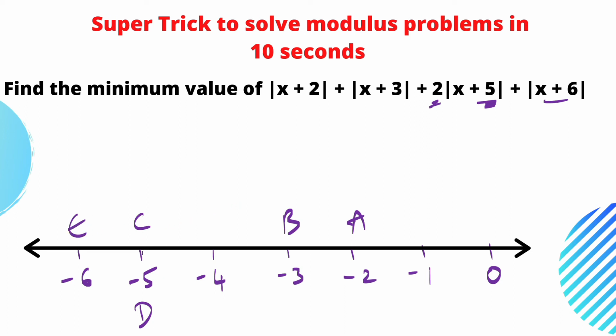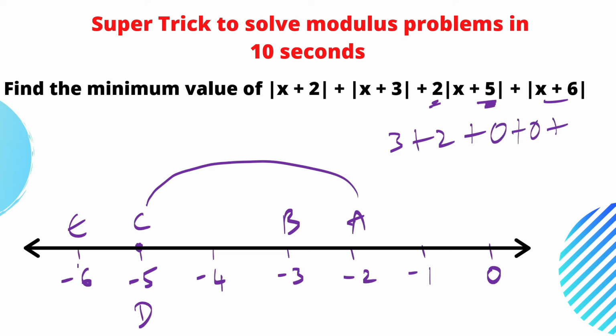So we have to make sure that C and D do not move. A is traveling from minus 2 to minus 5, covering 3 units, B is covering 2 units, C and D do not move, and E is covering minus 6 to minus 5, it is 1 unit. So the total distance covered by all of them is 6 units. This is the minimum value.